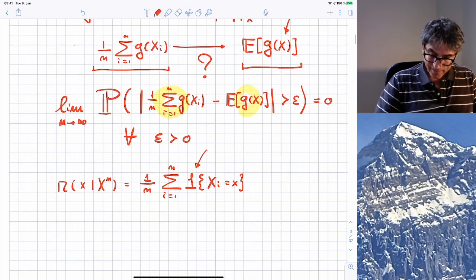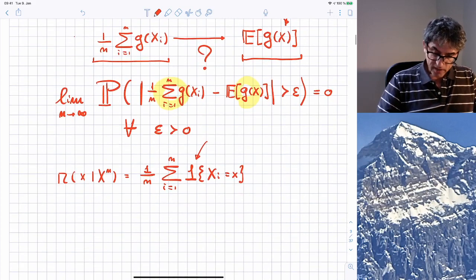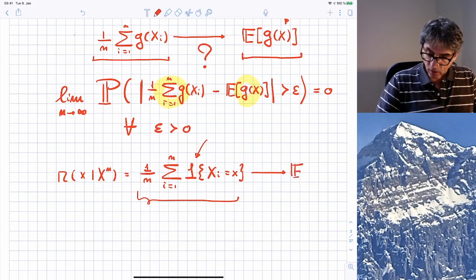Now you see that this is just a specific function g. So this is exactly in the form of an empirical mean, and this will tend to its ensemble mean, but the ensemble mean of an indicator function is simply the probability.